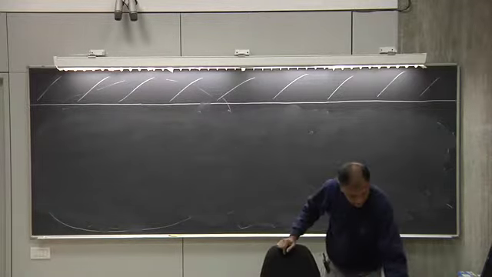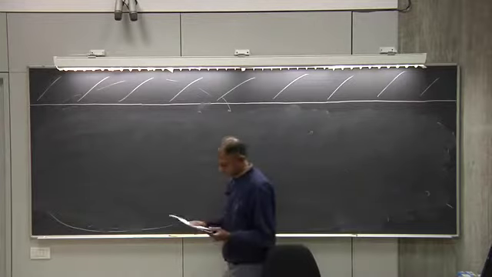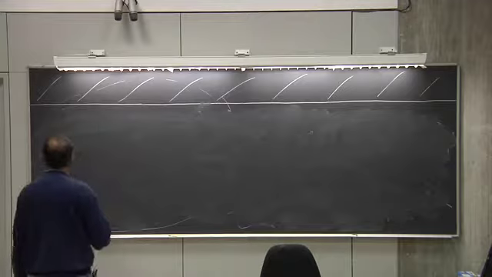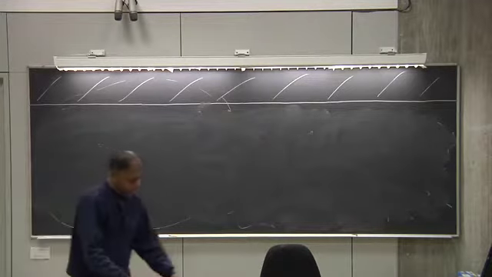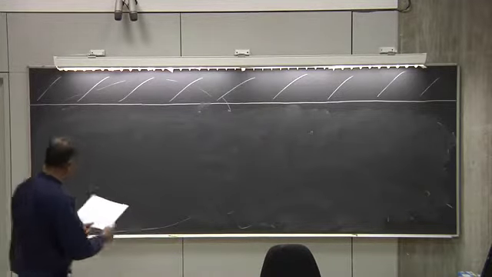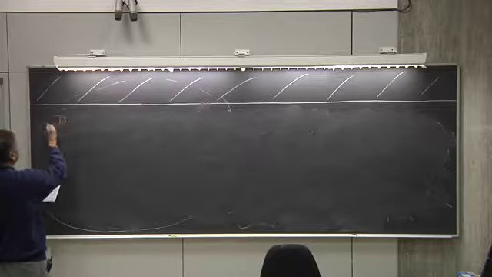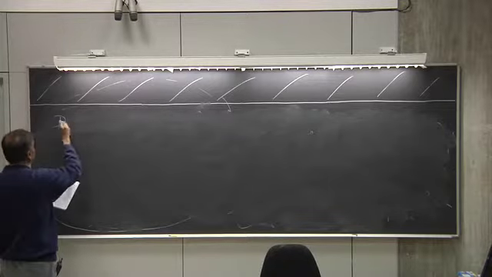So, first we try to prove a theorem. The theorem is the following: let's suppose you have some region, let's say D. So D is a region.